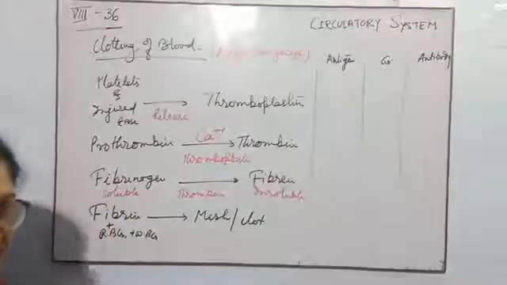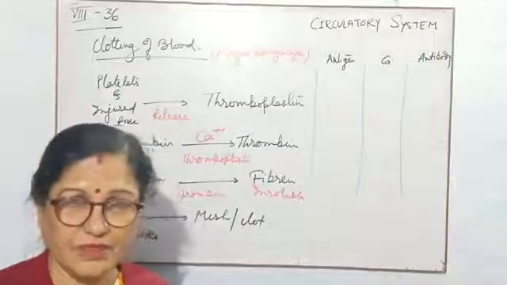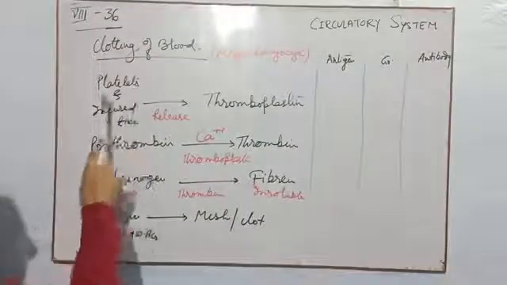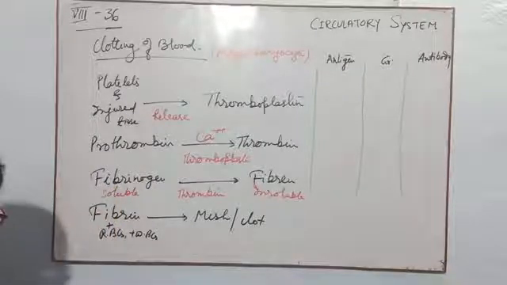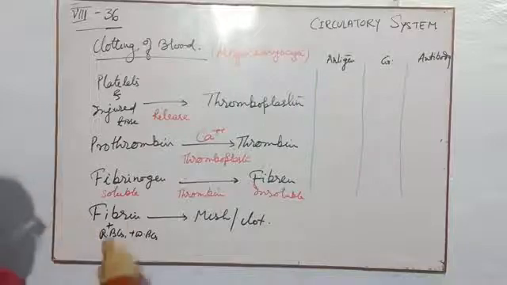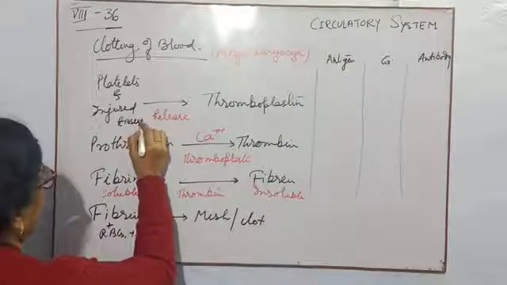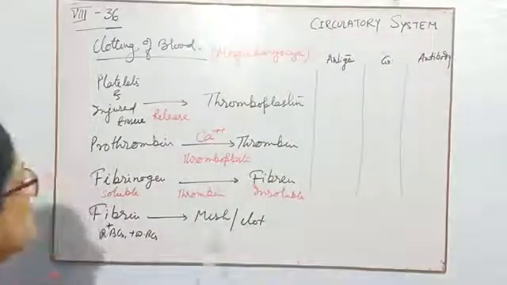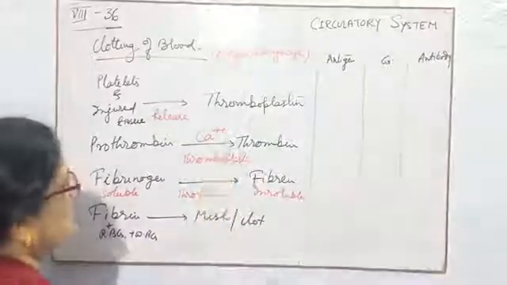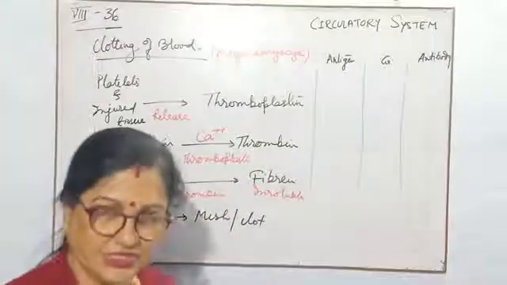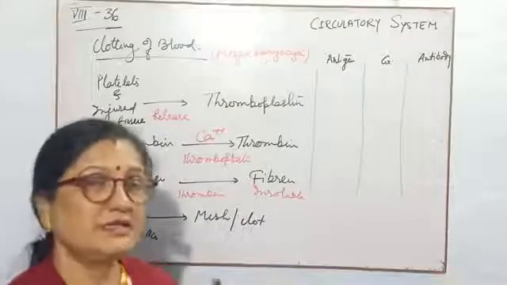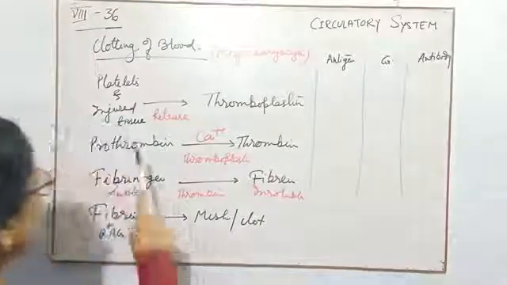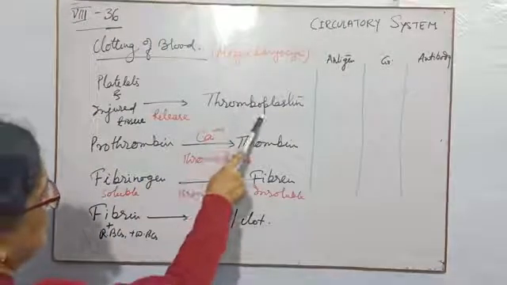First of all, when there is a cut or injury, the platelets and the injured tissue, both together, start to release one enzyme called thromboplastin. At the place of injury, the injured tissue and the blood platelets release one enzyme, thromboplastin.